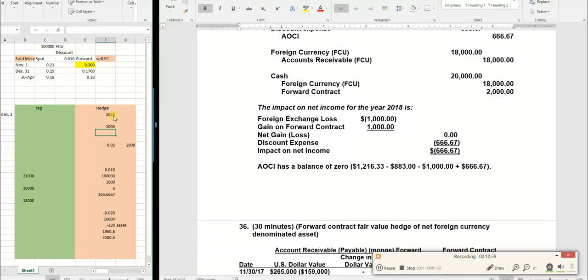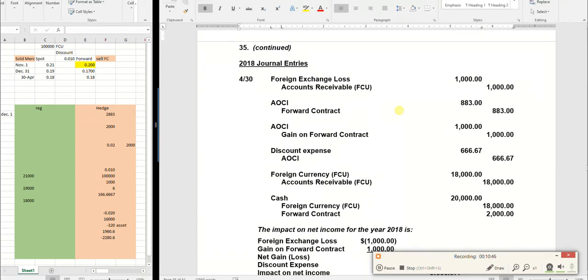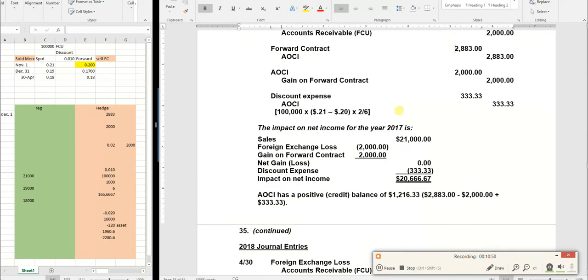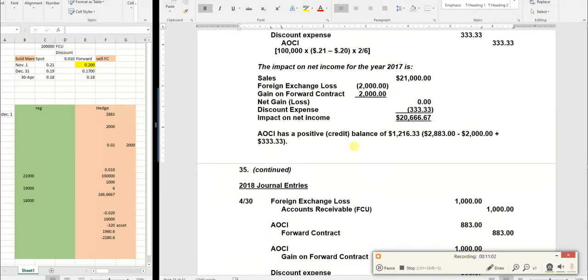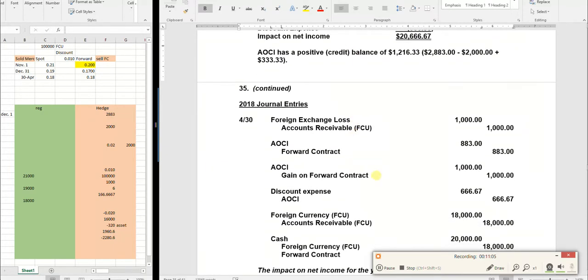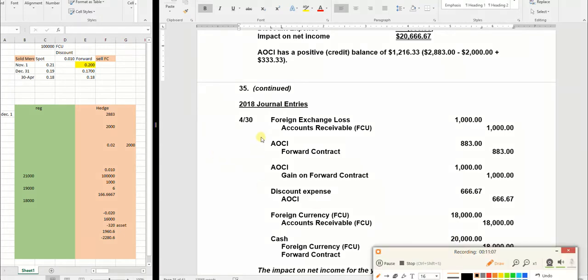So the question is, how do I get my forward contract, which is sitting at 2,883 right now, to be 2,000. So if this is debit and credit, I need to credit it for 883. Okay, I don't have any time value of money now because it is the settling date.